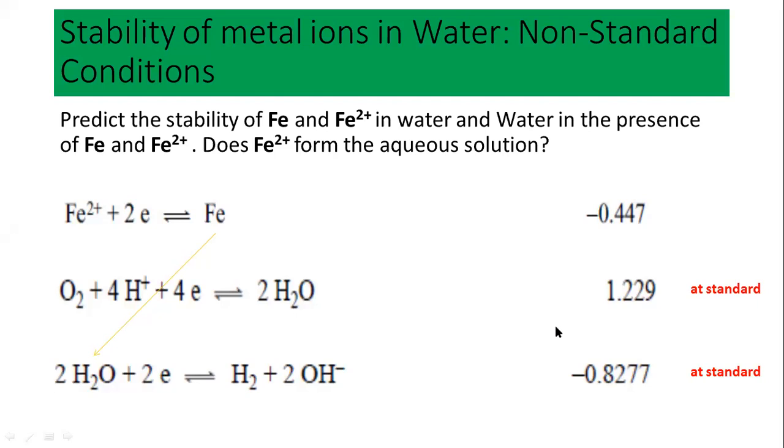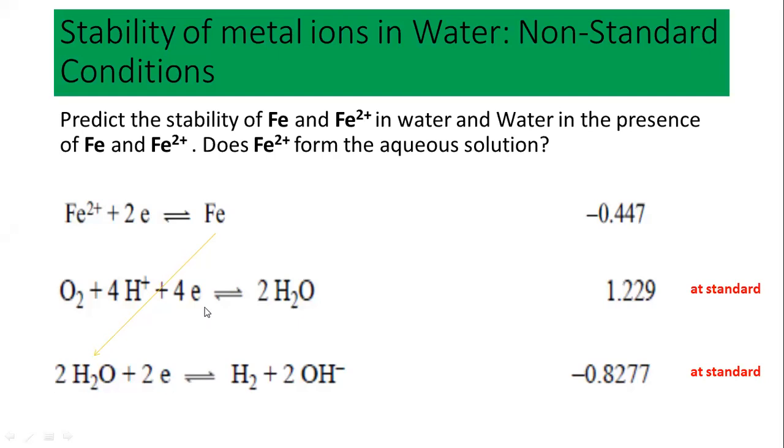But it is not always necessary that you have the standard cell potentials or unit concentrations, because in a laboratory you may use more than 1 molar concentration, or maybe 0.1 molar concentration. It is not always that we are taking 1 molar concentration of the ferrous ion. You can take any concentration.